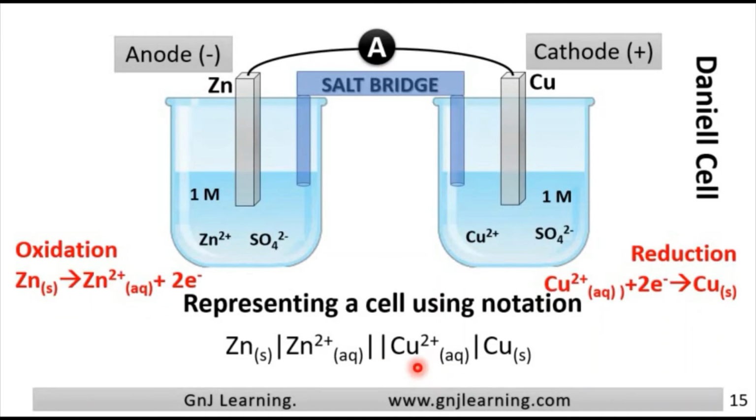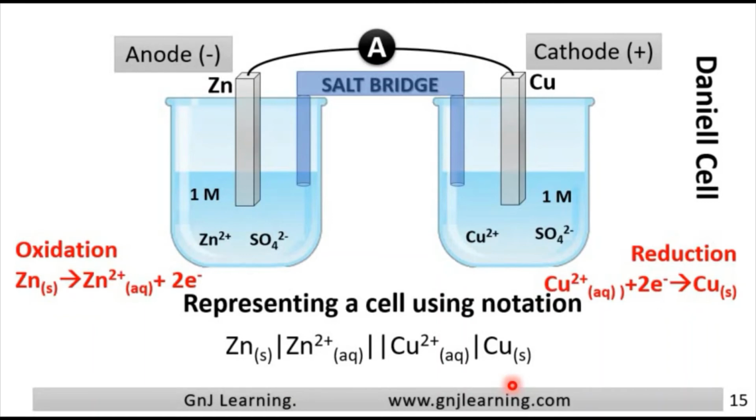In the cathode, that is the reduction reaction, Cu2+ changes into Cu. So the only difference from the half reactions is that here no electrons are involved, but all other information is here. Since this is in standard condition, you don't have to write the concentration here, otherwise you have to write the concentration. Along with aqueous, you put a comma and write the concentration if they are not in their standard form. If they are in their standard form, then you just write like this.